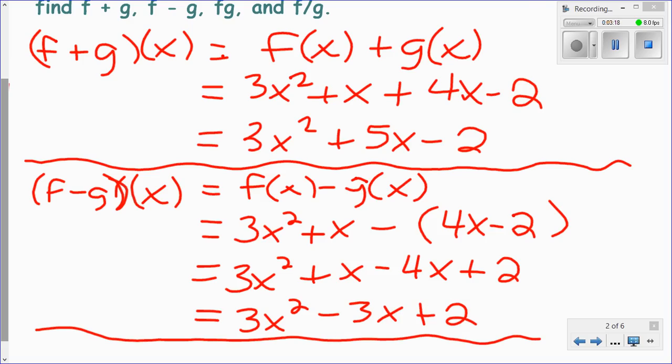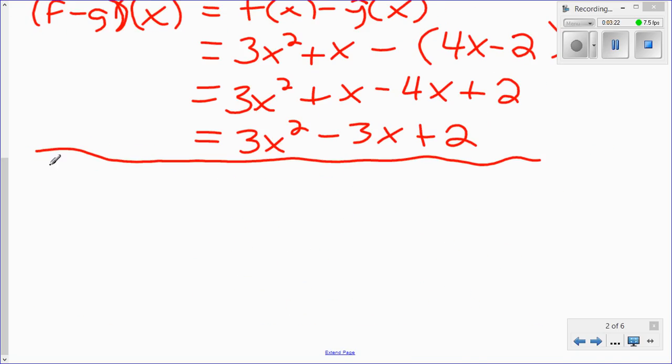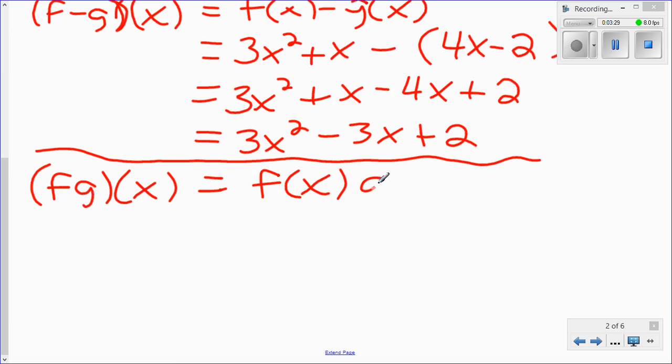All right, let's look at multiplication. Remember that f times g of x is equal to f of x times g of x. Since we're multiplying the functions, I'm going to put them both in parentheses.